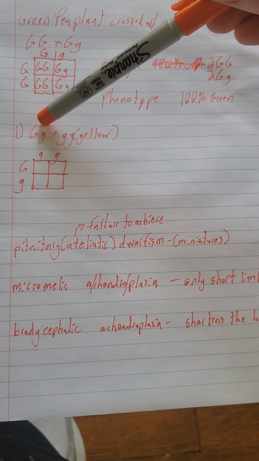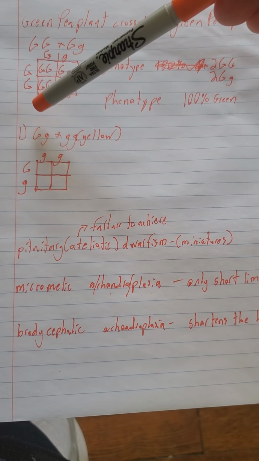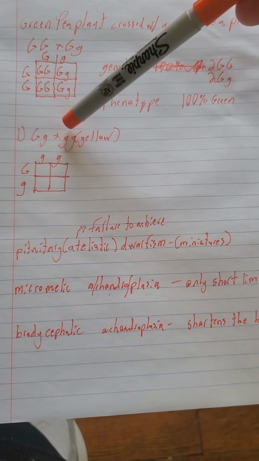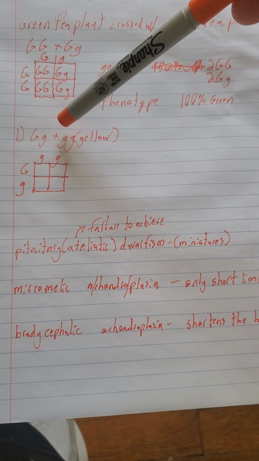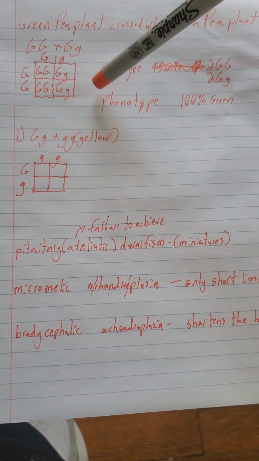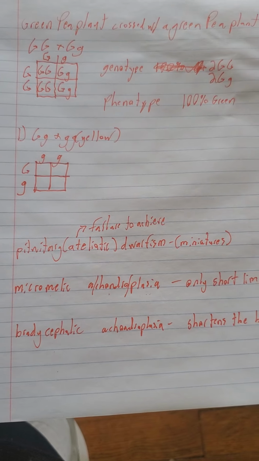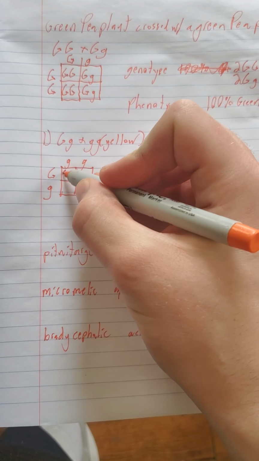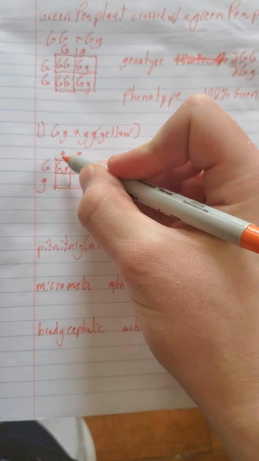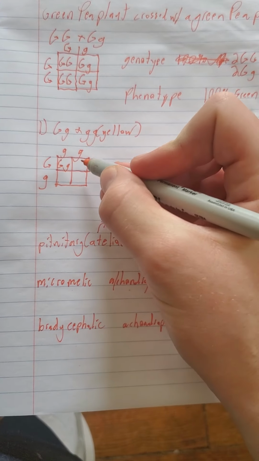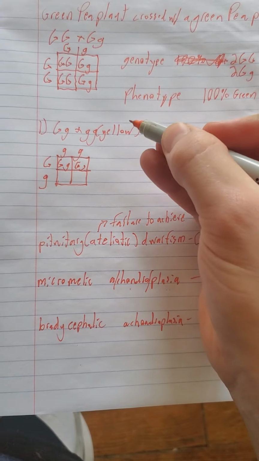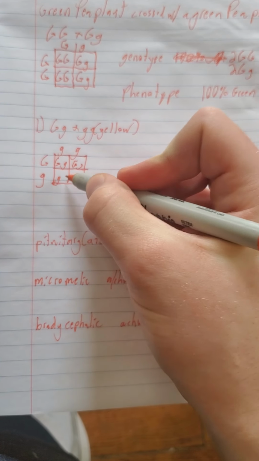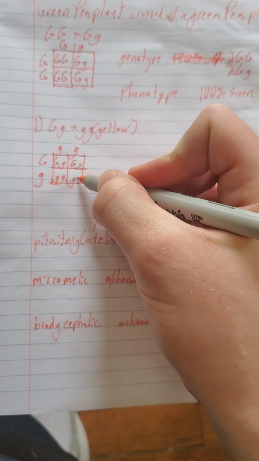So let's give you the first example. Let's cross heterozygous big G little g times autosomal recessive little g, okay? And that would be yellow. So here we have big G, and then another big G, so big G, little g. Then we have little g, and another little g.